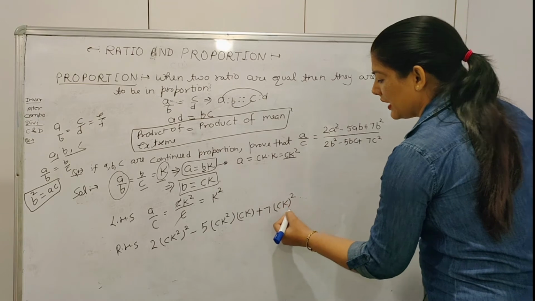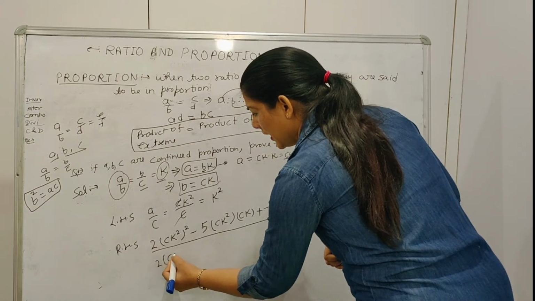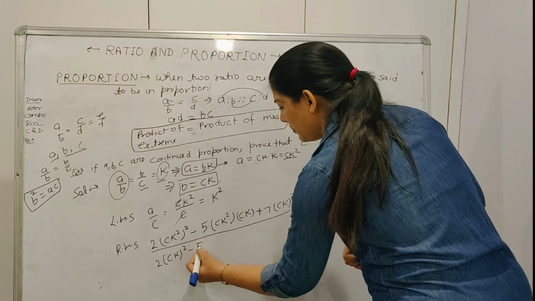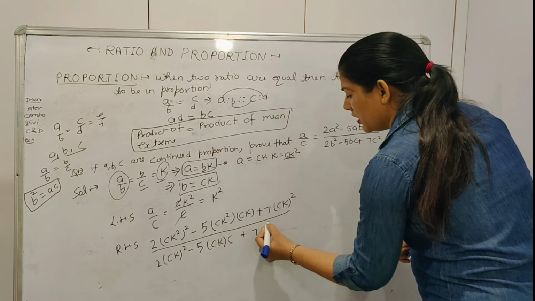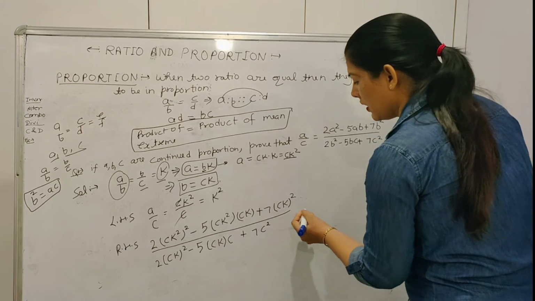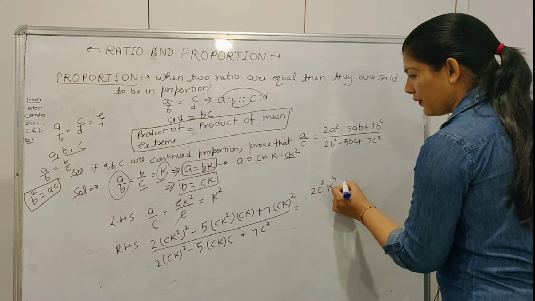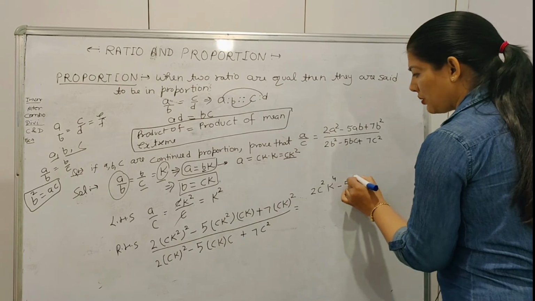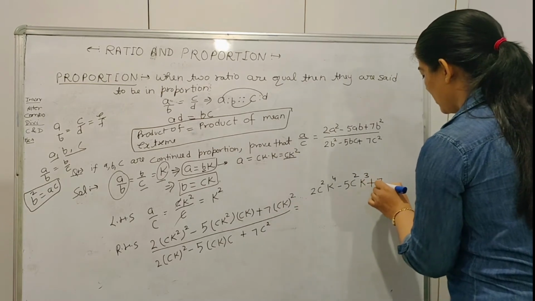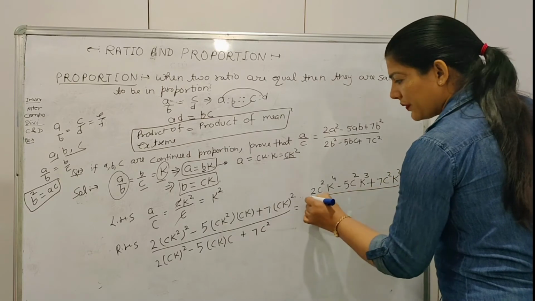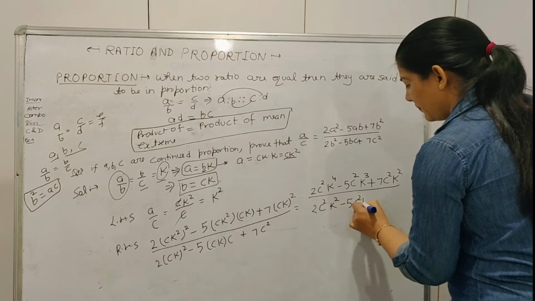So use CK in place of B, and in the denominator we have 2B square, so 2 (CK) square, minus 5BC, so CK into C. We have to convert all the terms into terms of C. Okay, so the right hand side is equal to 2C square K to the power 4 minus 5, C multiplied by C gives you C square, and K square multiplied by K gives you K to the power 3, plus 7C square K square, divided by 2C square K square minus 5C square K plus 7C square.